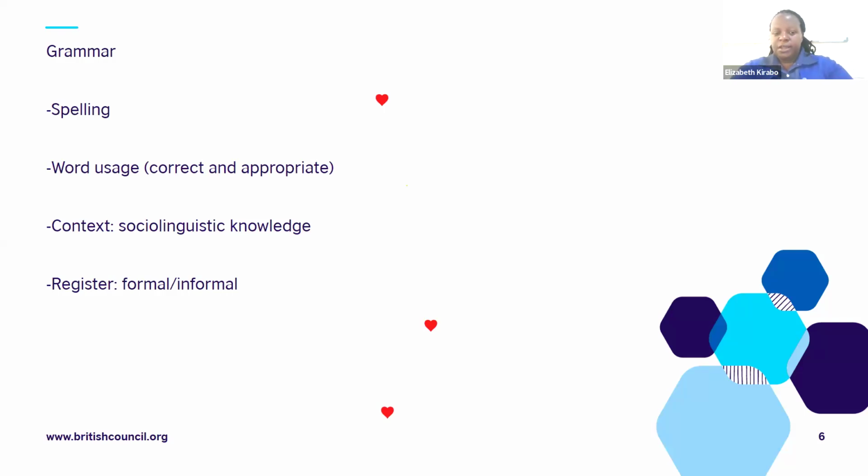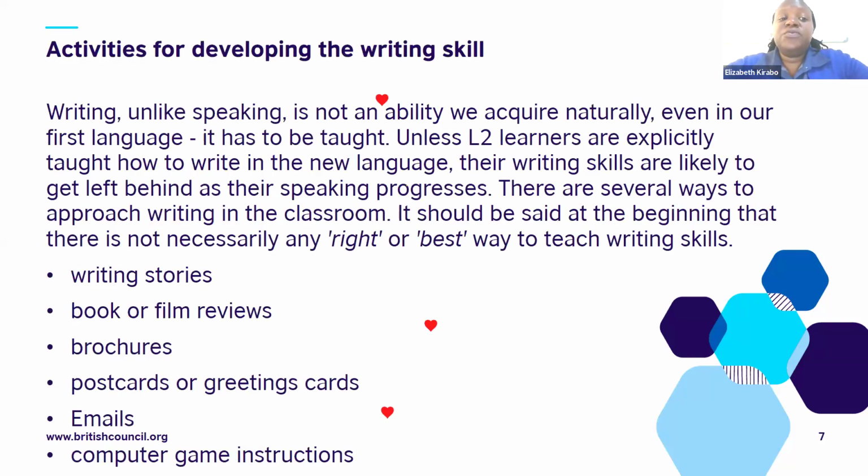Like if you're writing a letter, then you can't put I wanna. You would rather put I would like to or I want to. So that is register. Those are some of the skills that we need to develop for us to have an effective kind of writing.